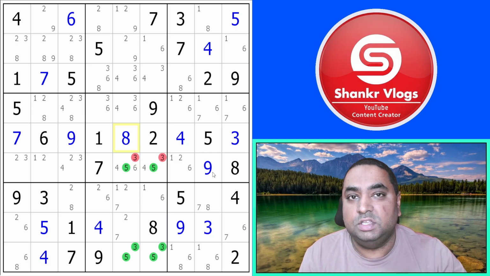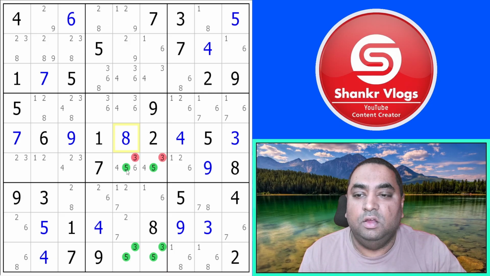So that it avoids a deadly pattern. So here 5 forms a conjugate pair, so 5 has to be retained in these 2 cells. As you can see, 3 is also there in other cells. So we can remove 3 from these 2 cells.